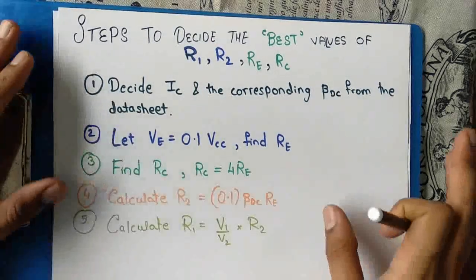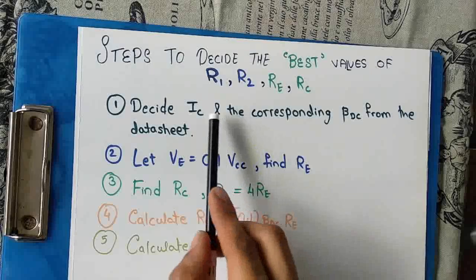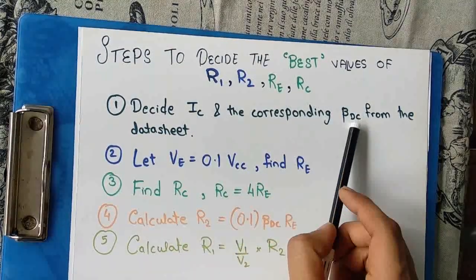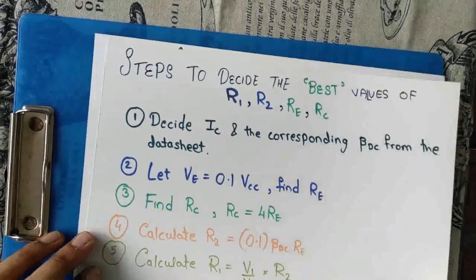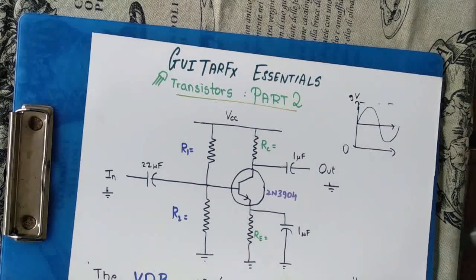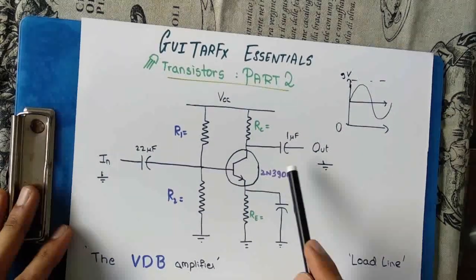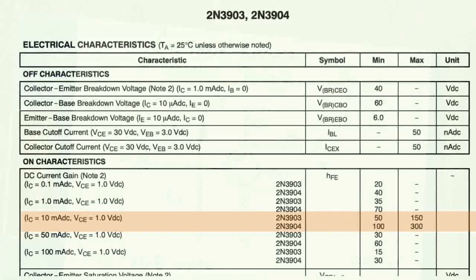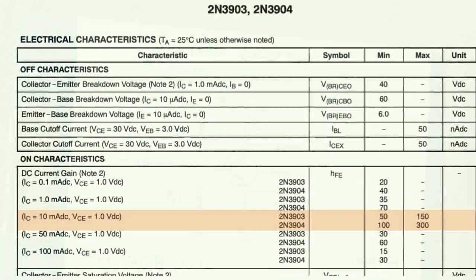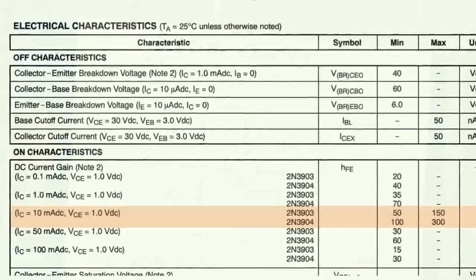Let's start with the first one. The first step says that we have to decide IC and the corresponding beta DC from the data sheet. For this circuit, I chose my transistor to be 2N3904, and in its data sheet, if you just Google it, you will find a section that will either be titled HFE or DC current gain.